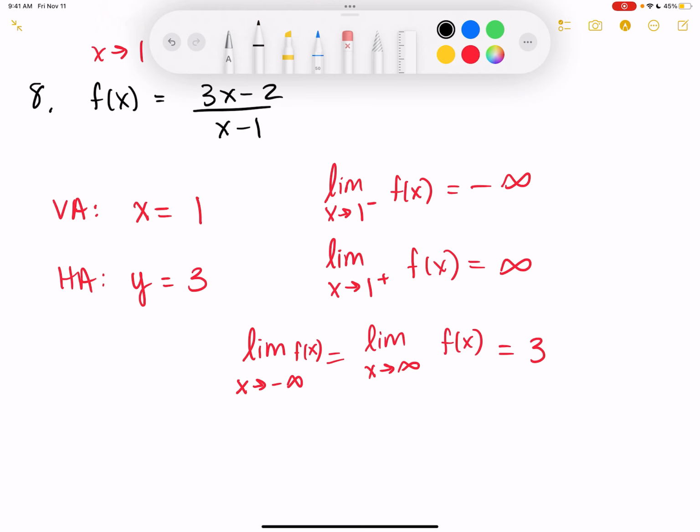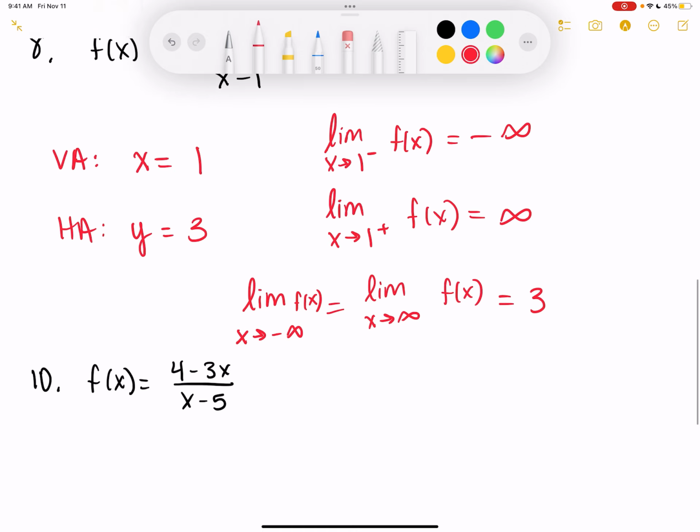Number 10, f of x equals 4 minus 3x over x minus 5. So my vertical asymptote is x equals 5.